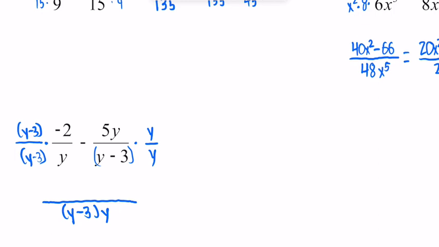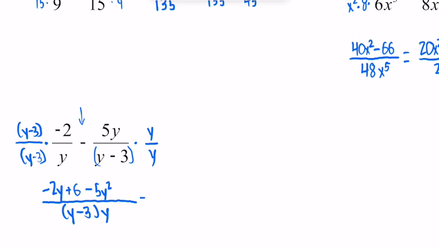In our numerator, y times negative 2, we would have minus 2y. Negative 3 times negative 2, we would have plus 6. Now be careful with that next term. Notice it's not just 5y times y, we have a minus there in the middle. So we need to think of it as negative 5y times y, which leaves us with minus 5y squared, like so.